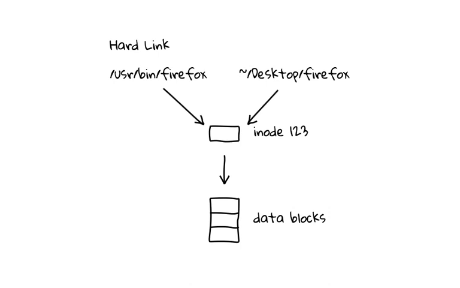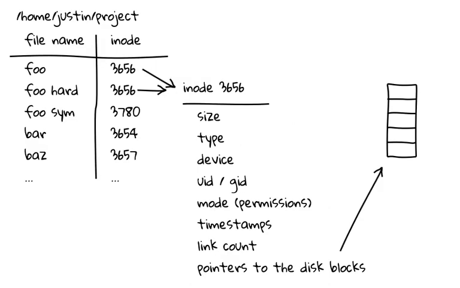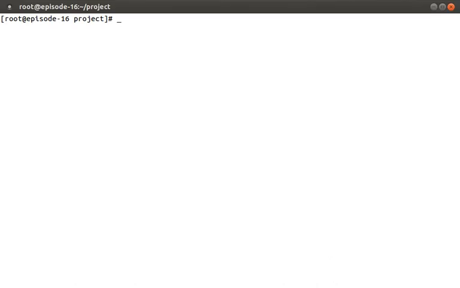Let's jump back to the foo, bar, and baz files for a second. In this example, the directory listing will look something like this. We have the foo and foo hardlink files, which actually have the exact same inode number, whereas the foo symlink file actually has a different inode number. We can verify this by jumping over to the command prompt. Let's run ls -li.